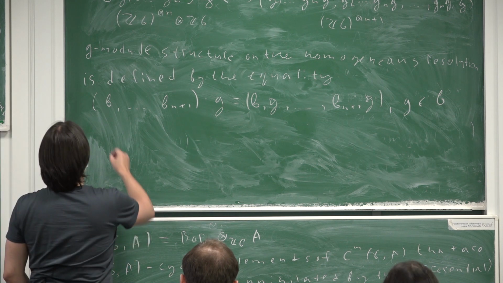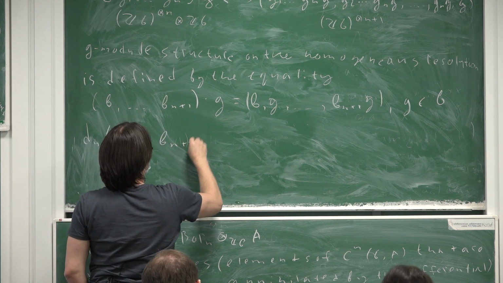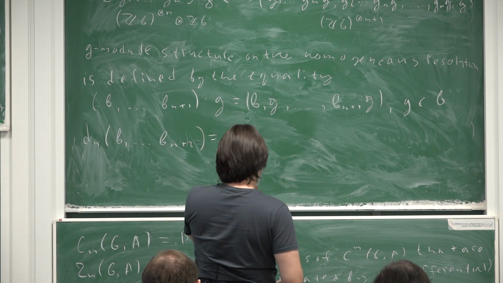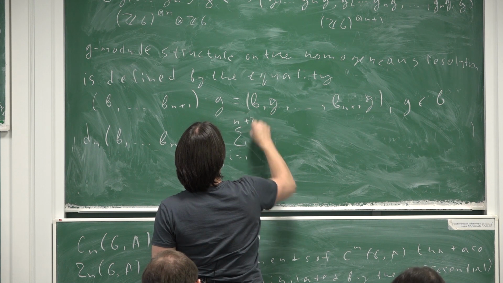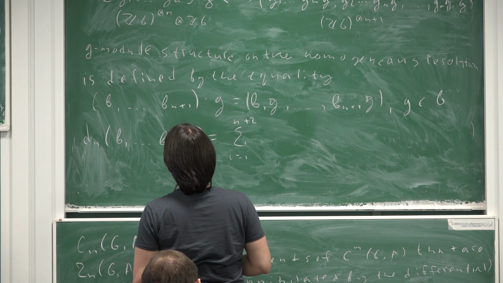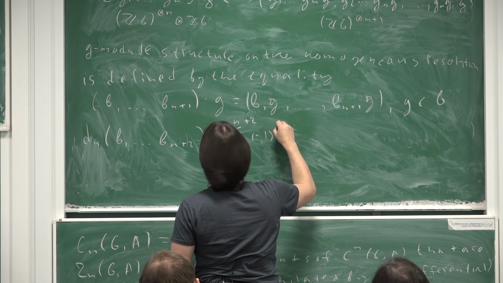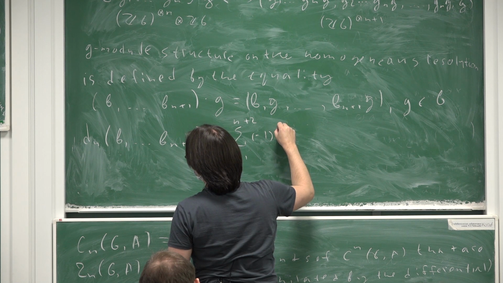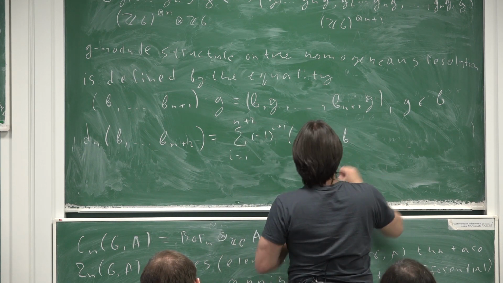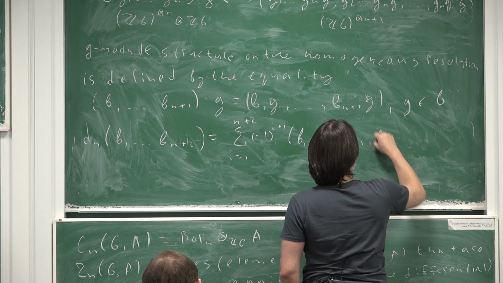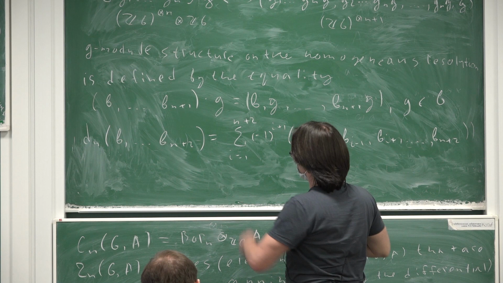And the differential is defined by the equality dn of b1, so on, bn plus 2 is equal to the sum for i from 1 to n plus 2 of minus 1 to the power i plus 1 times b1, so on, b i minus 1, b i plus 1, so on, b n plus 2.